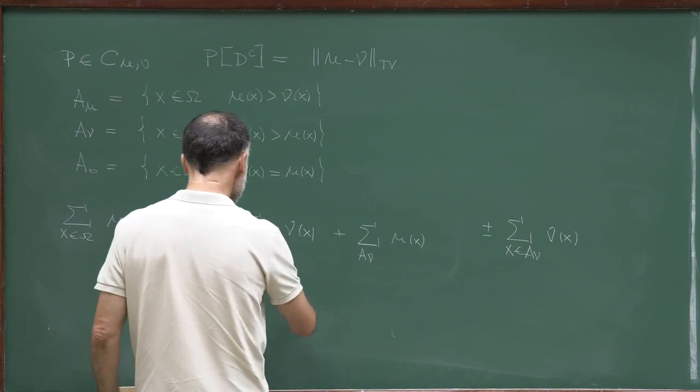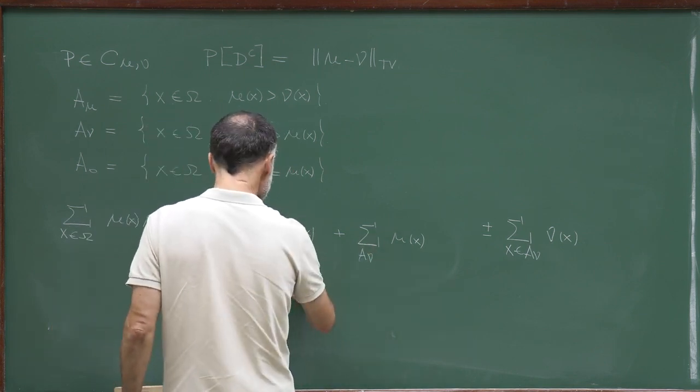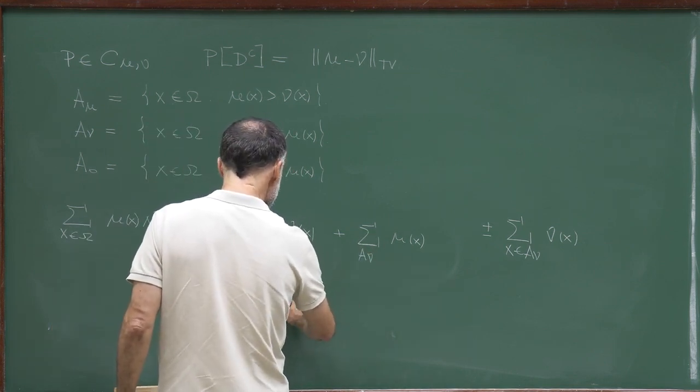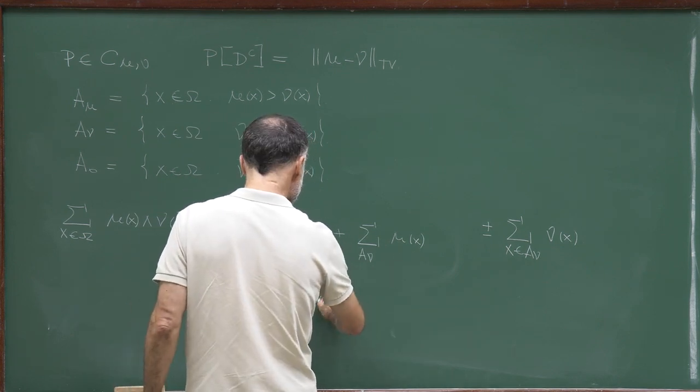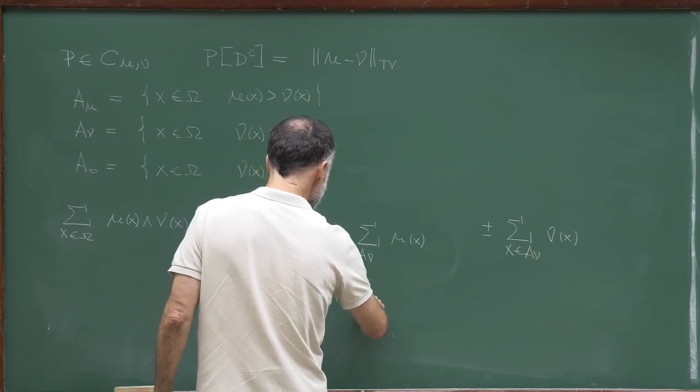And then I have plus this quantity, which is the sum in A nu of mu x minus nu x.